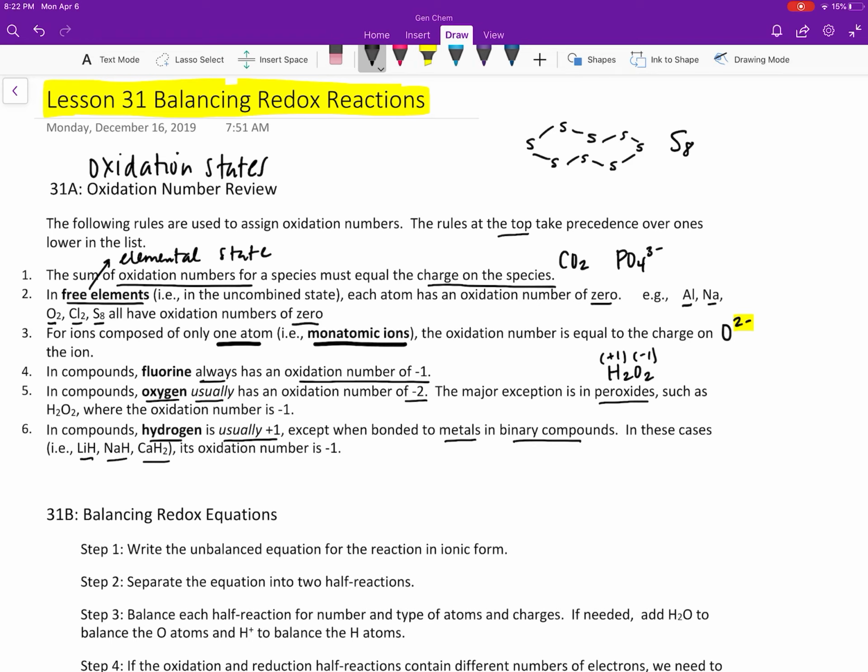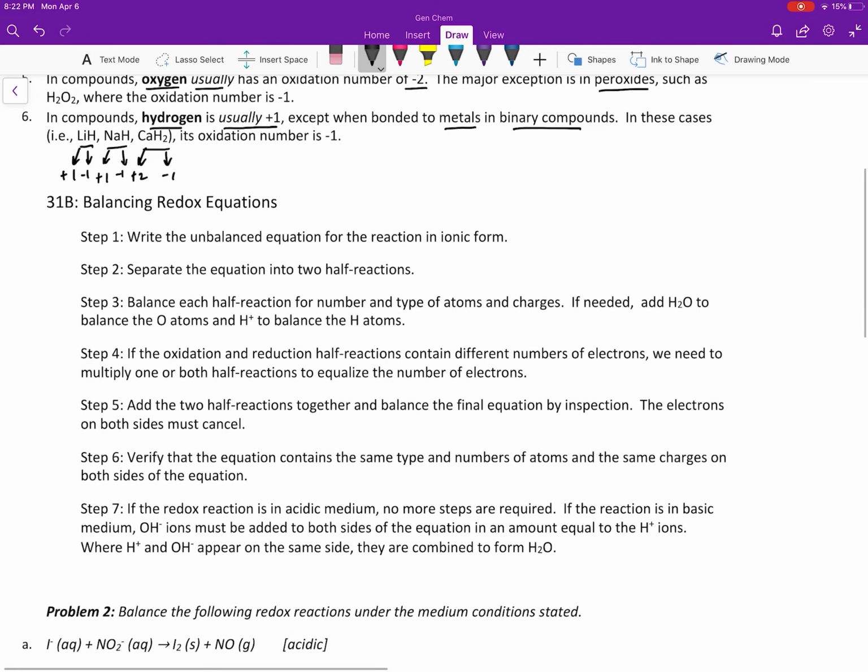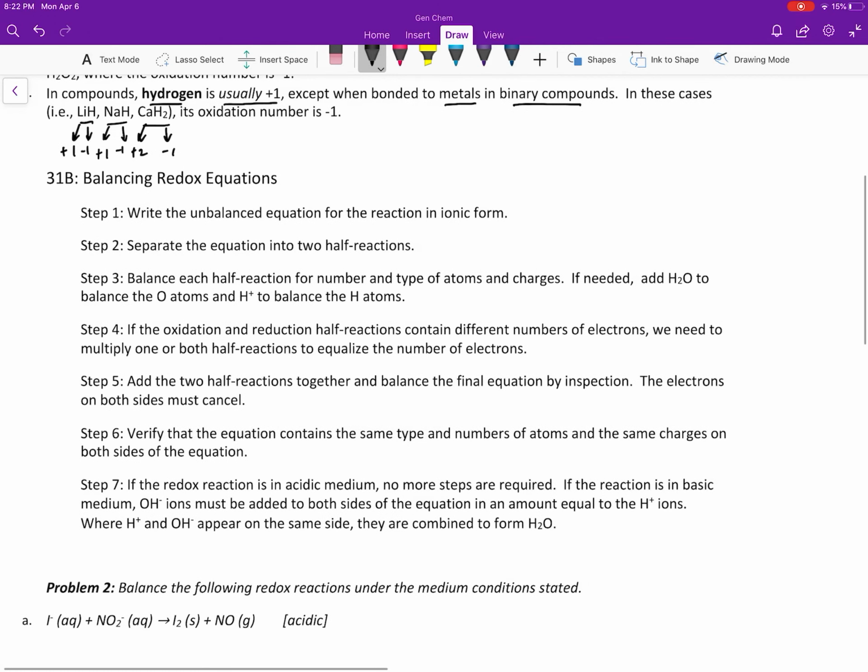They're strongly reducing agents, and so in that case, the oxidation state of hydrogen actually becomes a negative number, because the lithium and the sodium and the calcium are going to keep their positive charges, which makes the hydrogen the anion in this case. Okay, so these are really important review rules for you guys to remember. Now, balancing redox equations.